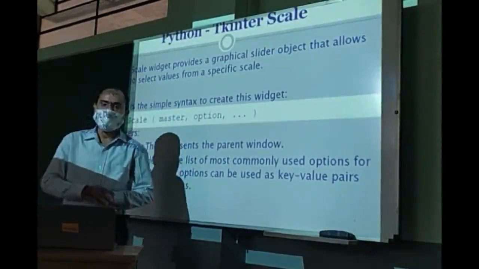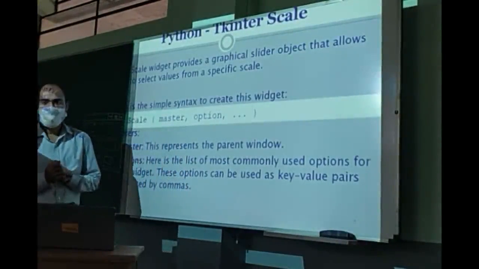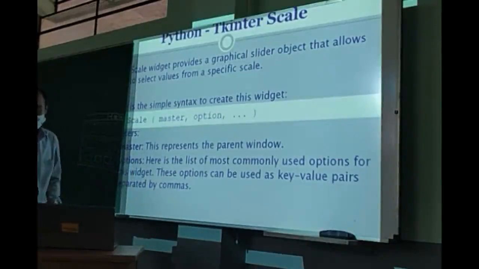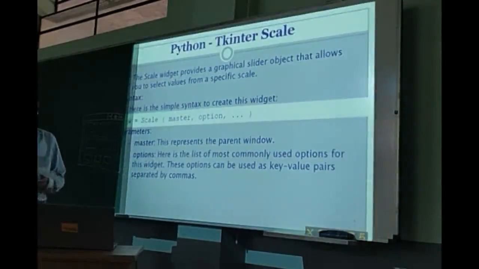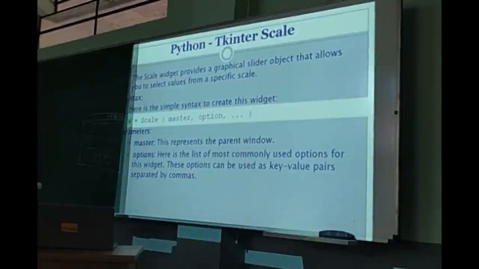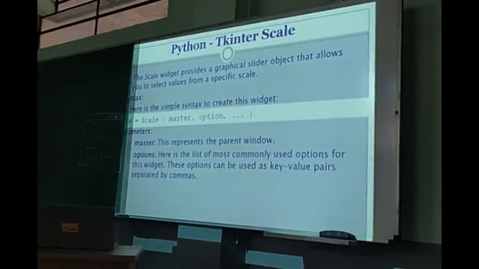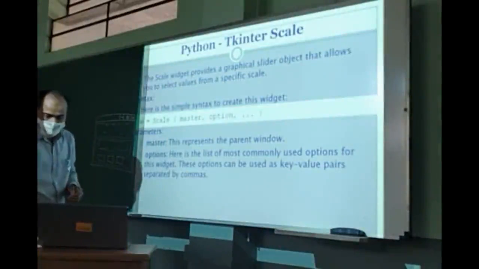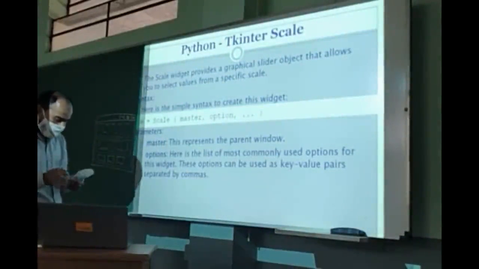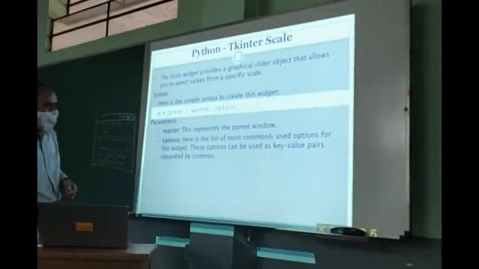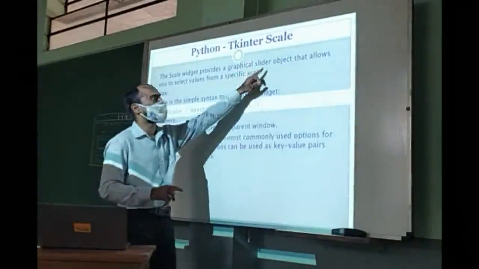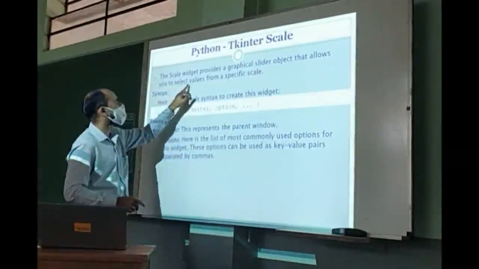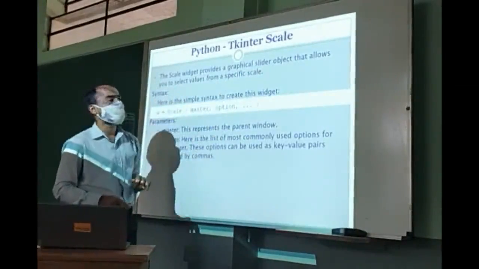Okay, next is the tkinter scale. The scale widget is used to display a slider. The scale widget provides a graphical slider object that allows you to select values from a specific scale.